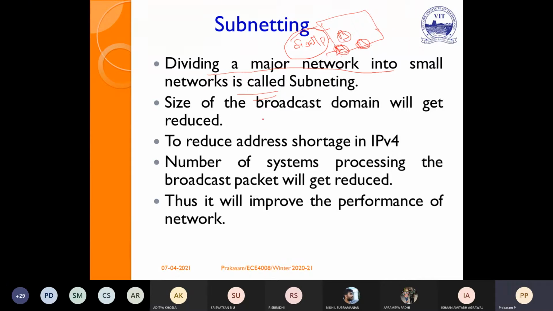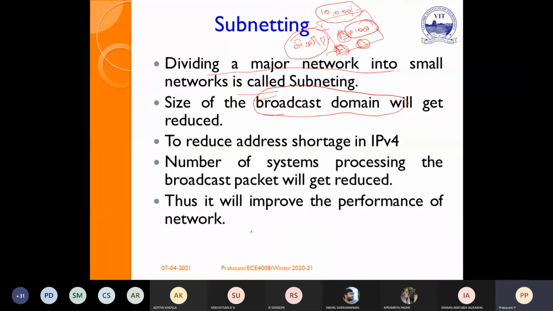If you go for subnetting, the size of the broadcast domain is reduced. Without subnetting, if you provide IP addresses for all 10,000 systems and want to send a common message, you must broadcast to everyone. But if we divide into smaller groups, for example if TTNX has only 1,000 systems, the broadcast domain is reduced from 10,000 to thousands.